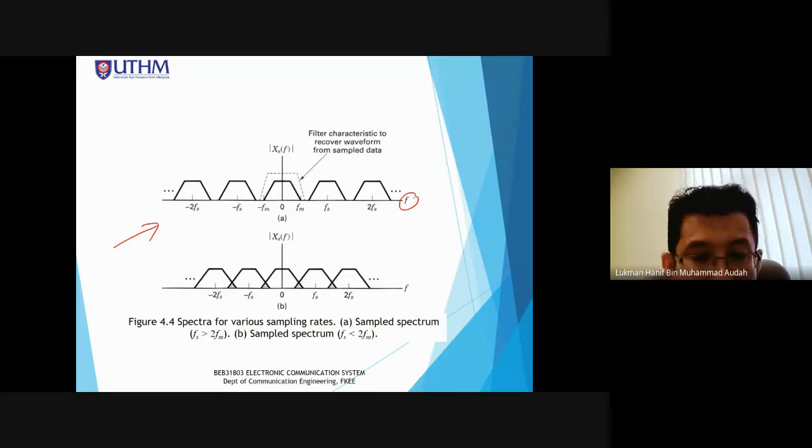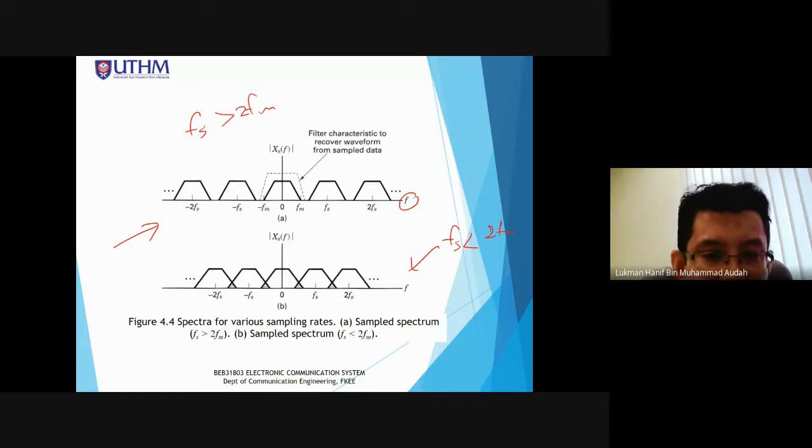But if Fs more than 2 FM. So here is Fs less than 2 FM. So what happened is that the sample value would be overlapping.